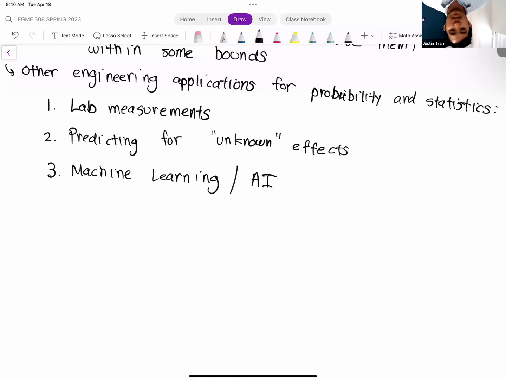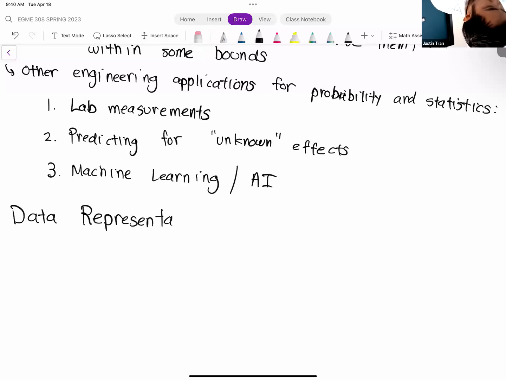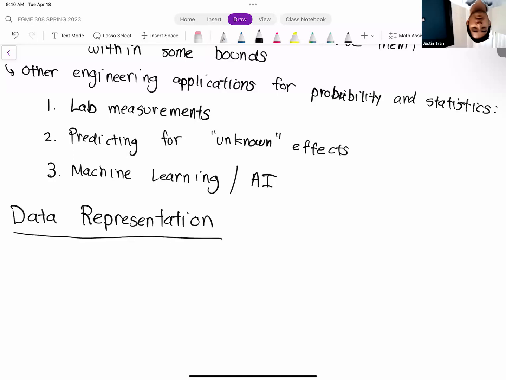And so let's start with the idea of representing data. Whenever you have a collection of data, it could be for the exact same phenomenon. The first thing that you should be thinking about is, how do we represent this data in a way that we can easily interpret.